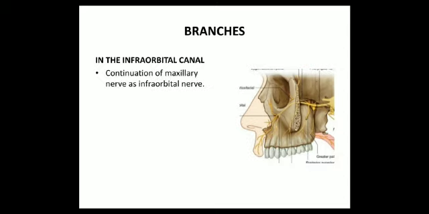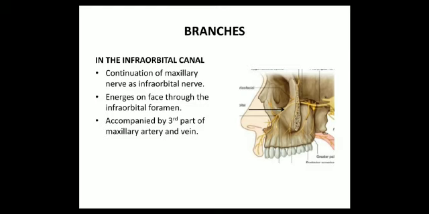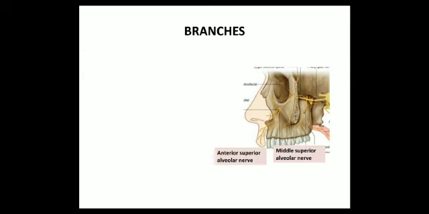And in the infraorbital canal, the maxillary nerve continues as the infraorbital nerve. It emerges on the face through the infraorbital foramen. It is accompanied by the third part of the maxillary artery and the accompanying vein.